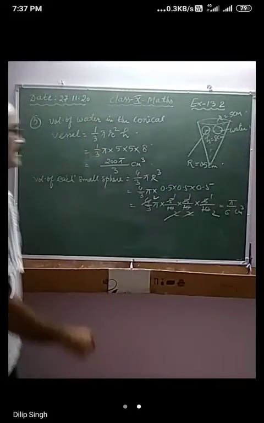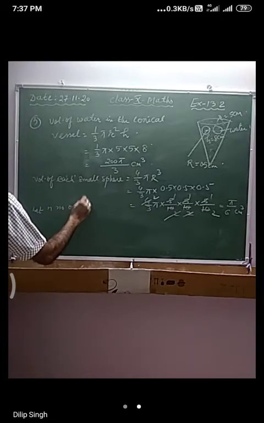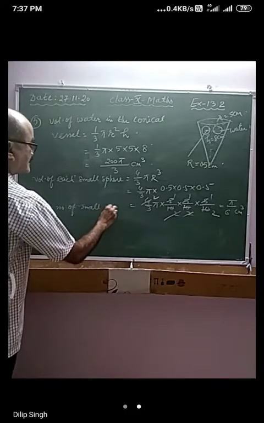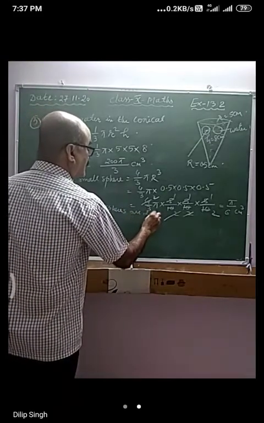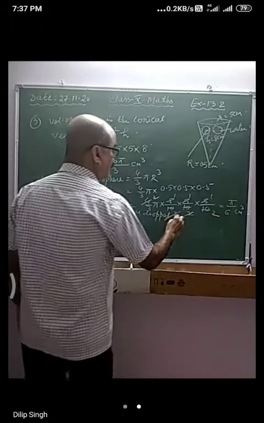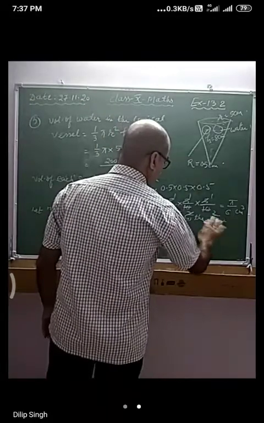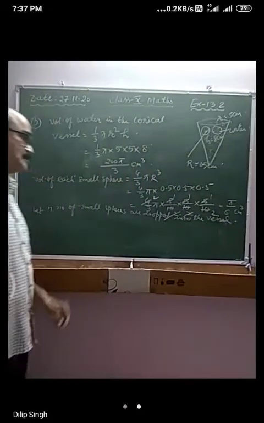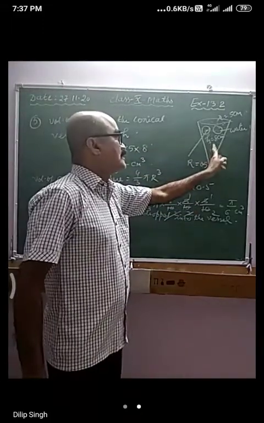Okay, so we'll assume, let n number of small spheres, means small balls, be dropped into the vessel. हमने क्या assume कर लिया कि इसमें n number of spheres we have dropped into this conical vessel.